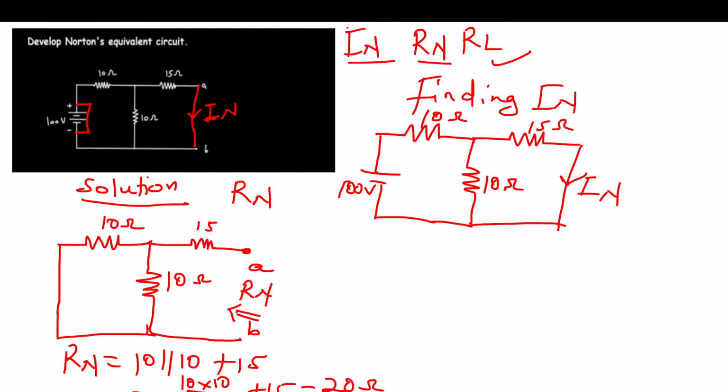Now, I can choose to use, once again, current division because I think it's simpler. Okay, In is the same current passing through this branch here. So let's use current division.